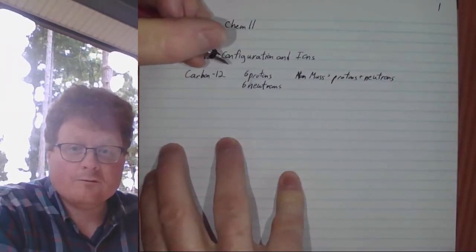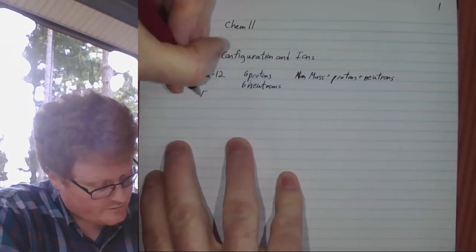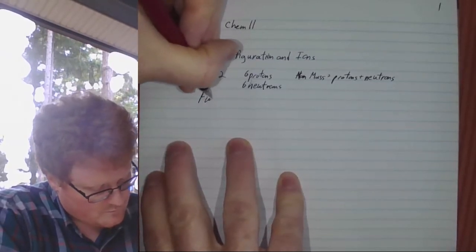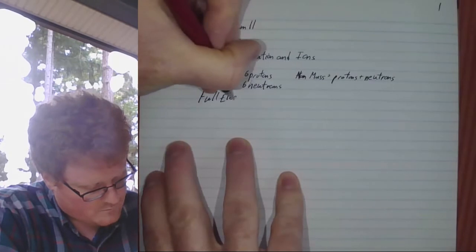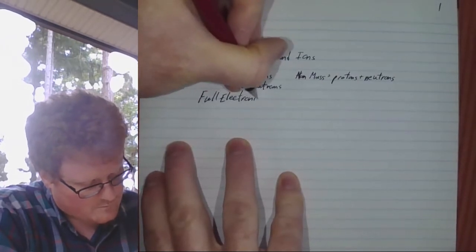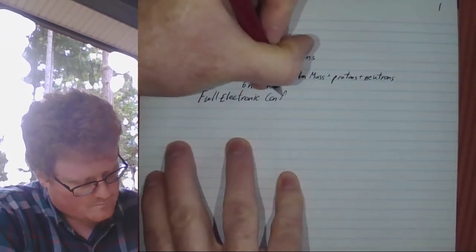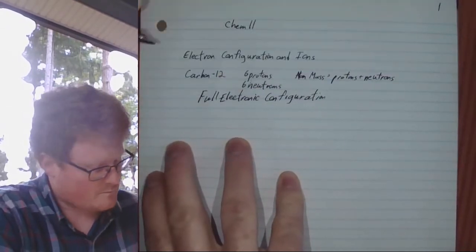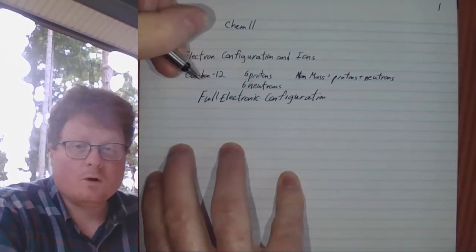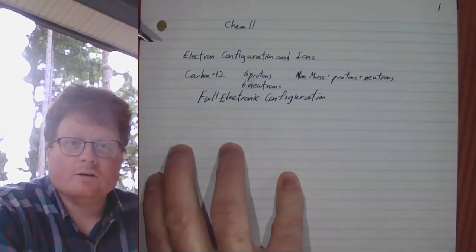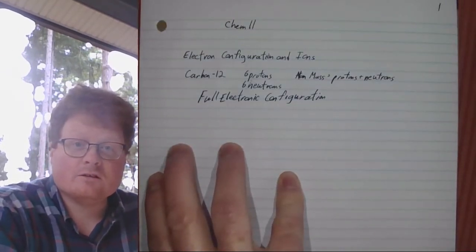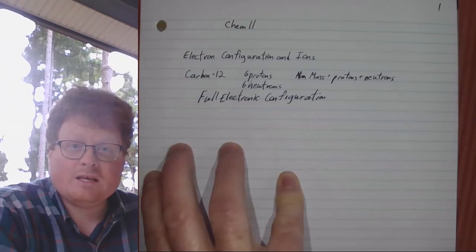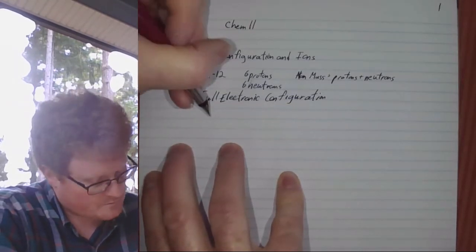Okay, carbon 12. What is the full electronic configuration? Well, what row is carbon in? It's the second row. That means it's going to have the n equals 2 shell. It's over in what's known as the P block, that section on the right where there's 6 columns.